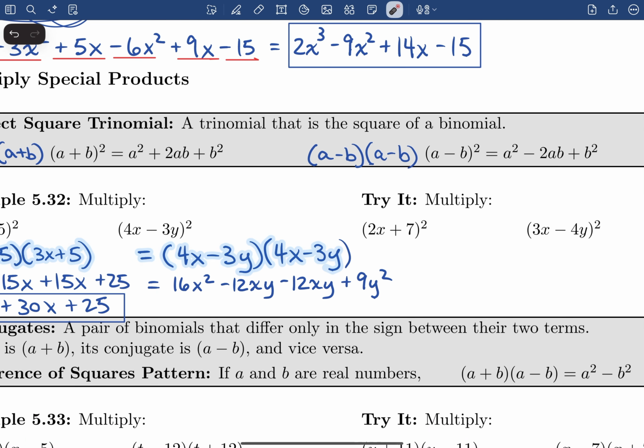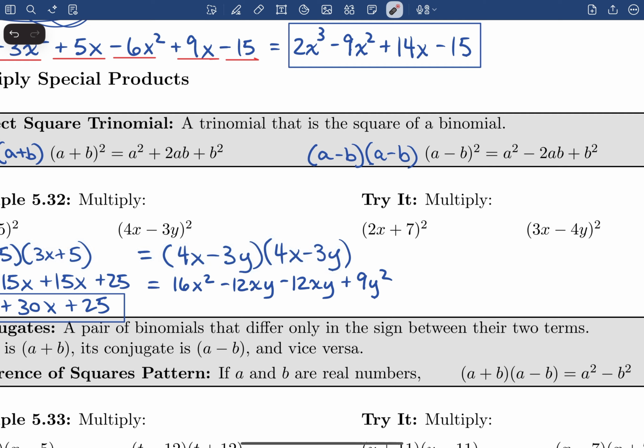And it just so happens that it follows this pattern that we just talked about here. This subtraction version, because we had subtraction there. And so technically, if I just looked at whatever a was, 4x, and I multiplied it by itself, I squared it, then I'd get 16x squared. And then if I take a times b, which is 4x times 3y, well, I'd get a 12xy, but it was a minus sign between, so that's negative.